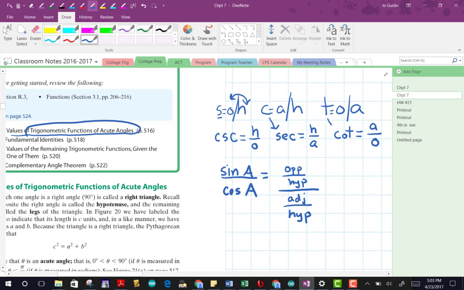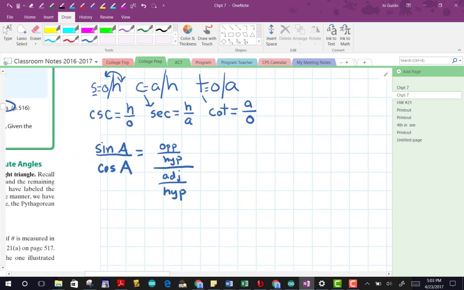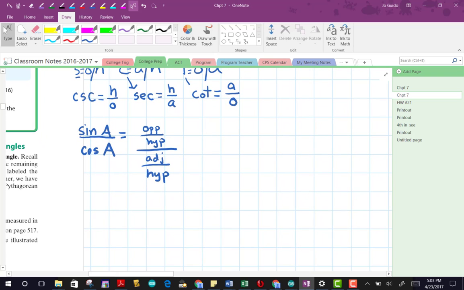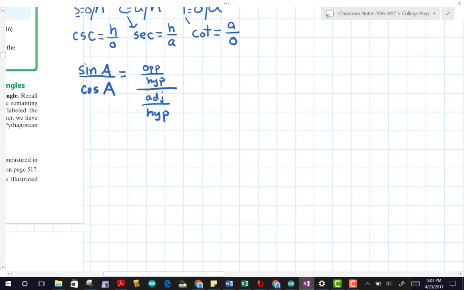If you remember that you divide fractions by inverting and then multiplying, remember the numerator stays the same. We're going to change the division bar to a multiplication, and then we're going to take adjacent over hypotenuse, and we're going to flip it over. So we get hypotenuse over adjacent.